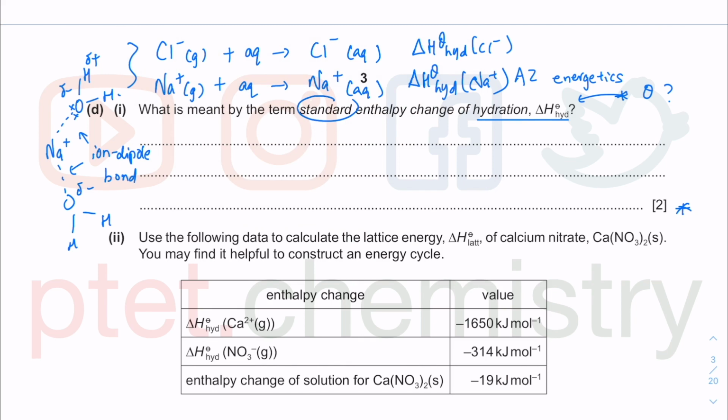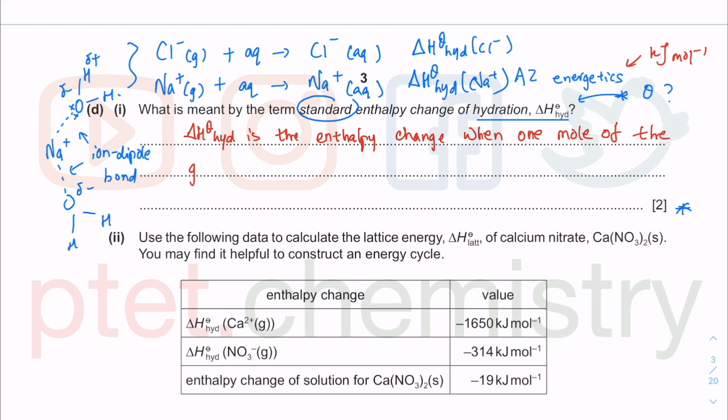Okay, so what is meant by this definition then? Delta H hydration is going to be the enthalpy change for a certain process. It's the enthalpy change when 1 mole of gaseous ion, it has to be 1 mole because it's in kilojoule per mole. Per mole of what? Per mole of the gaseous ions.